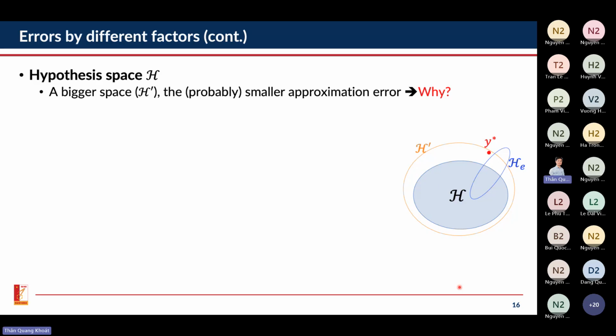And in practice, when you choose a big space, then the approximation error can be smaller. But when you choose a smaller space, approximation error can be higher, right? Can you explain this? Why?